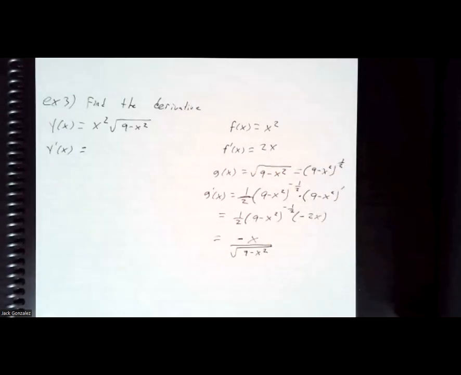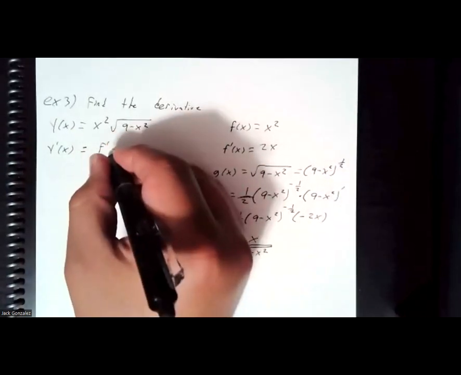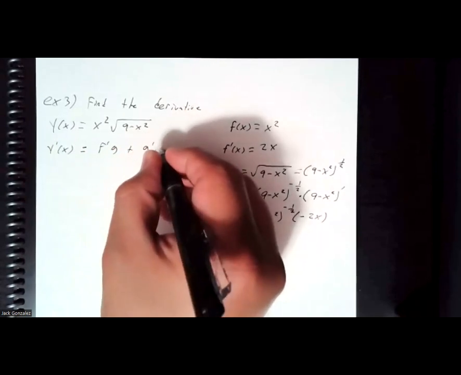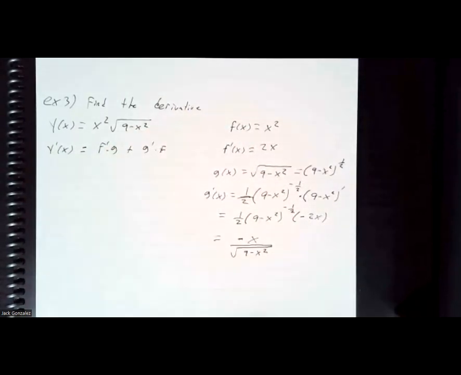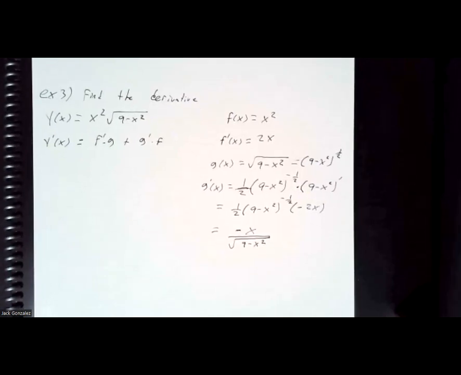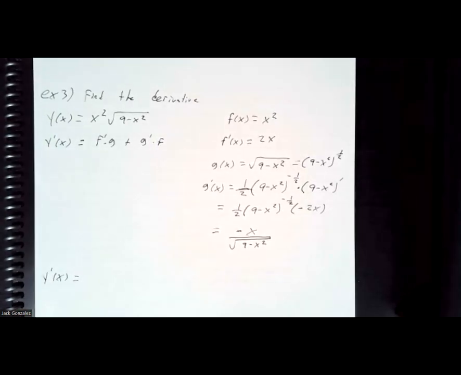Okay. So the derivative would be f prime g plus g prime f. It's just that the g prime is gross. Don't be mean to it.